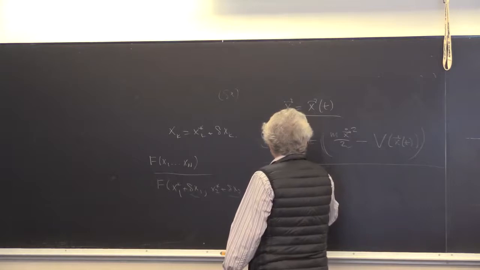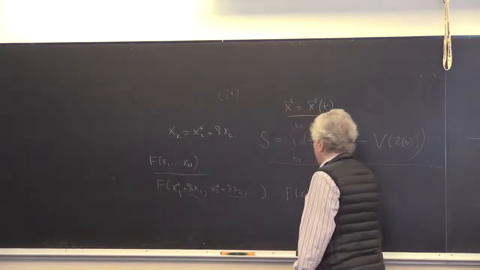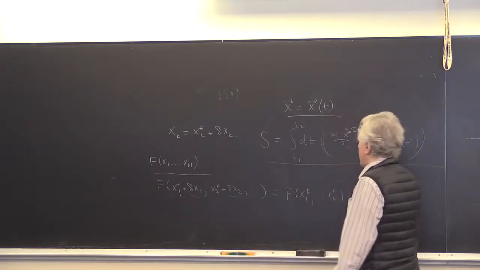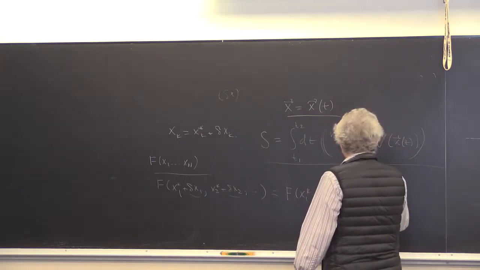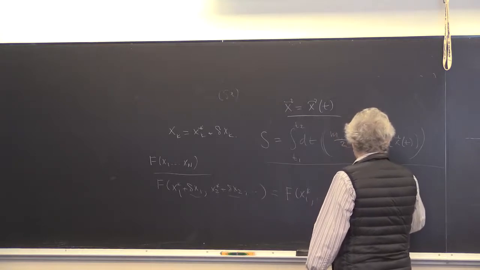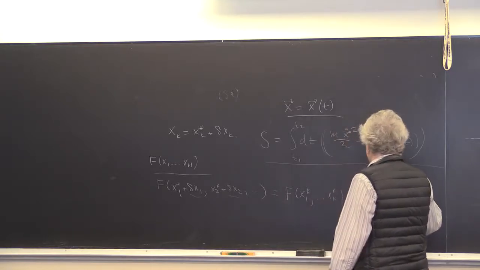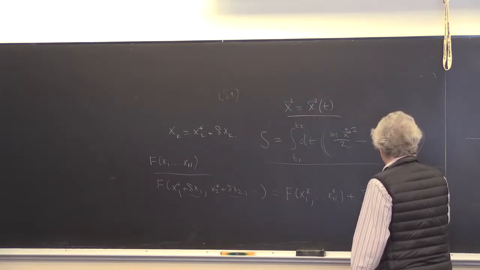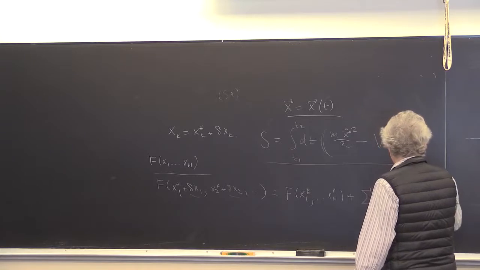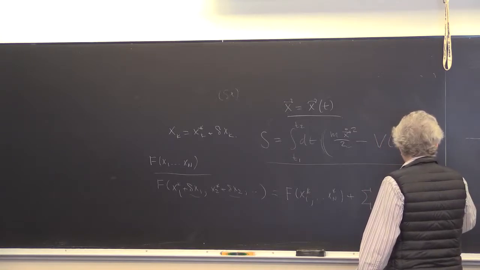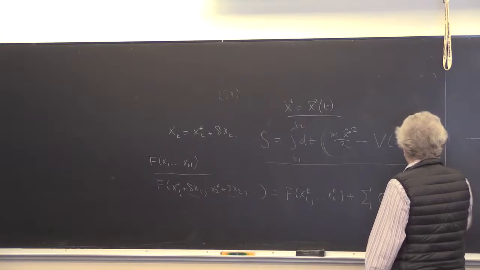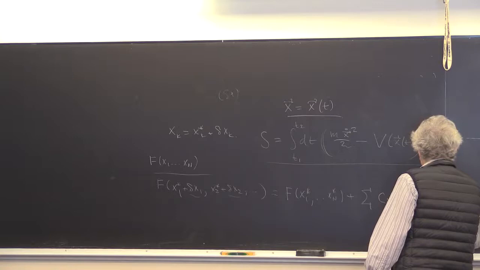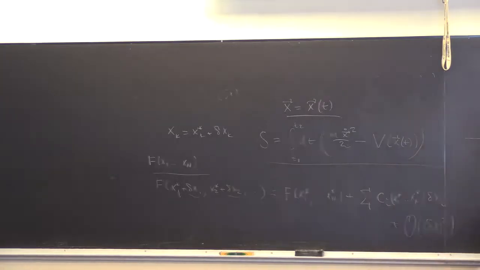So we'll write it down in this way, plus there will be a linear term. I shall call it this function, say ci of delta xi, plus there will be terms of the order of delta x square and higher orders, of course.